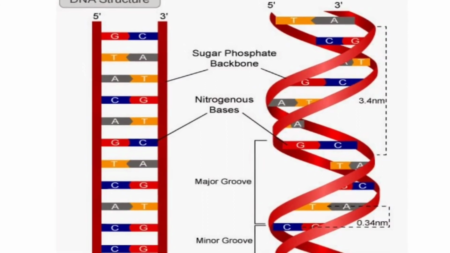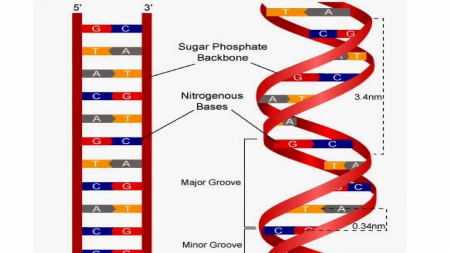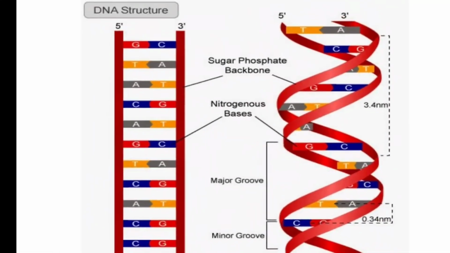In a full turn there is the major groove and in between there is the minor groove. These are parallel to the phosphodiester backbone and wind along the molecule.